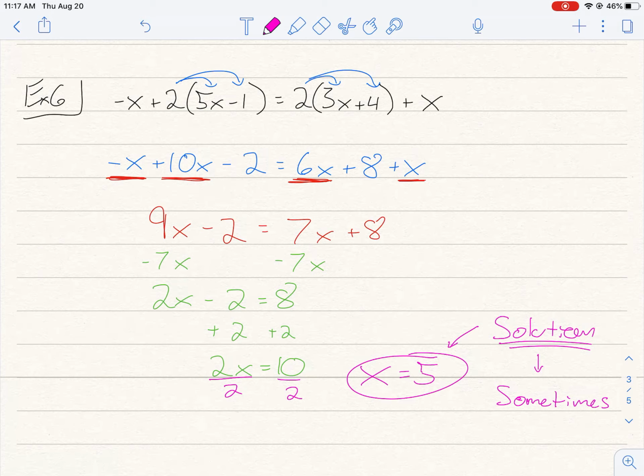So it's sometimes true when x is equal to 5. But if x was equal to 6, then it's not true. See how I created a counter argument there? So if you can make it fail once, then it's sometimes. But if you can't make it fail at all, then it's an always true. And if you can't make it work at all, then it's never true.